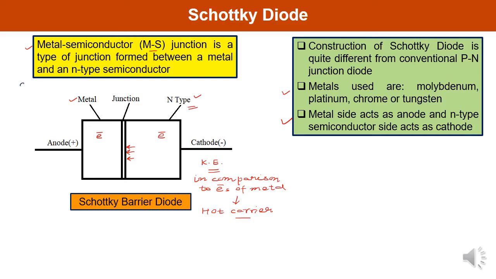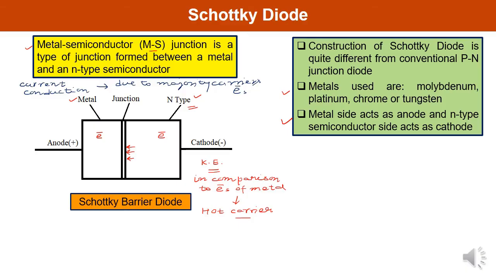Here current conduction is due to majority carriers, which are electrons over here.